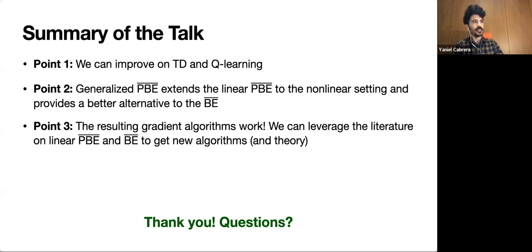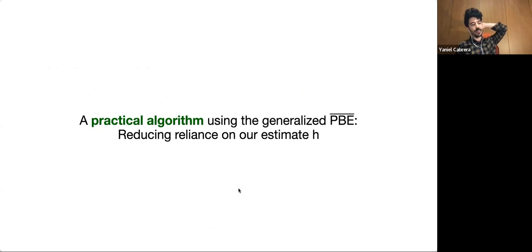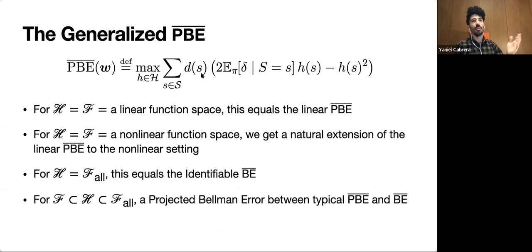Reinforcement learning is a far off land for me, so I have very down to earth questions. One of them is these weights that you have in the norm, for example, in the mean Bellman error in your slide 17. You have this DS. It also shows up in the value error itself.